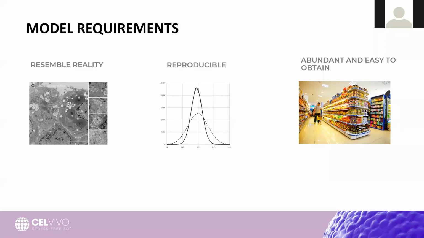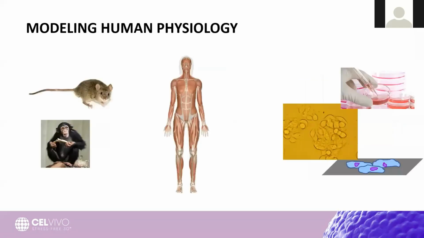So why should you consider going away from these mice or cell culture models? Because they are both reproducible and very abundant. The problem is that you want to study humans or human cells. They don't really resemble reality. And even if you wanted to use 2D cells to study animals, they don't resemble the animals that they are studying.